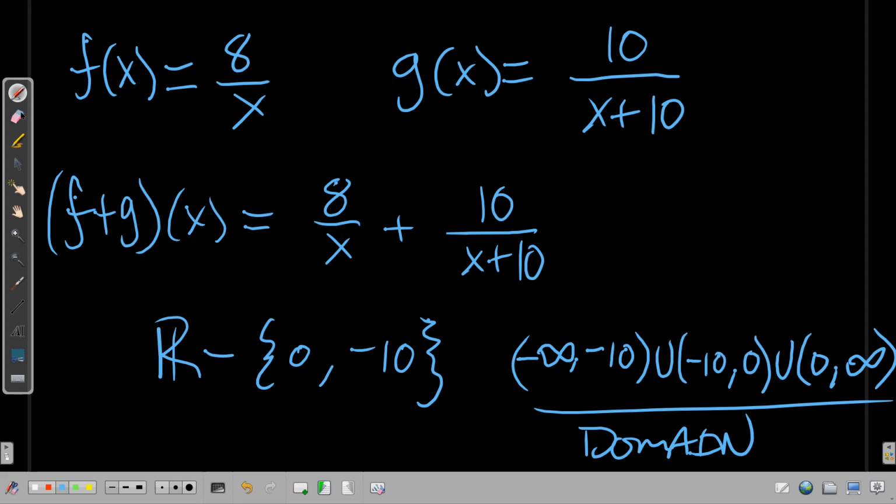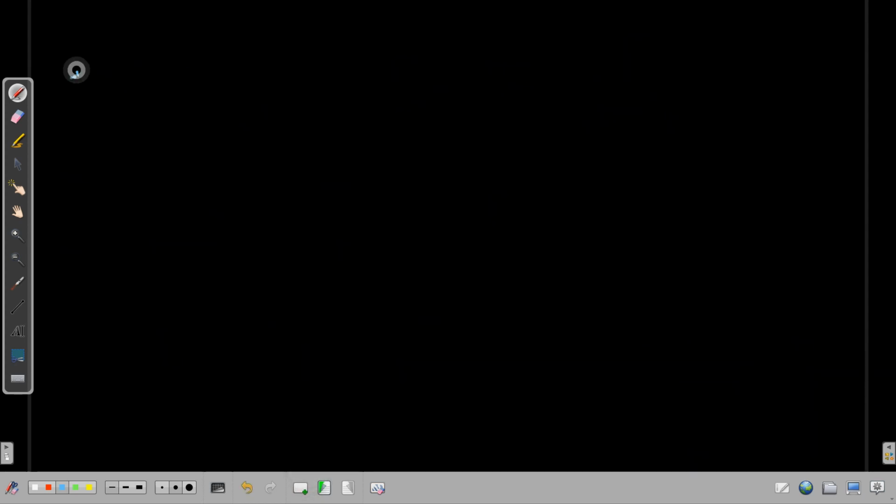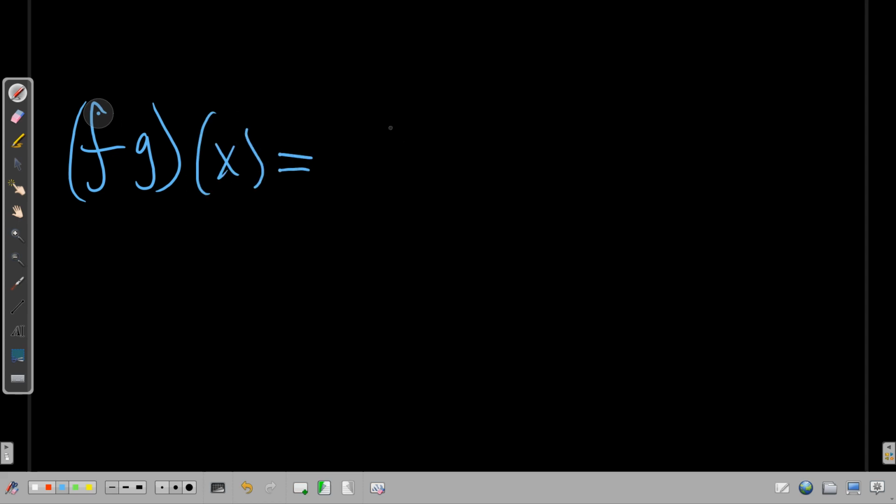If you wanted to take the difference of these two functions, here we go. Everything else is the same. Now I've done the difference. If I want the product of these two functions, you're still going to have the same domain because they're both rational expressions. 8 over x times 10 over x plus 10.